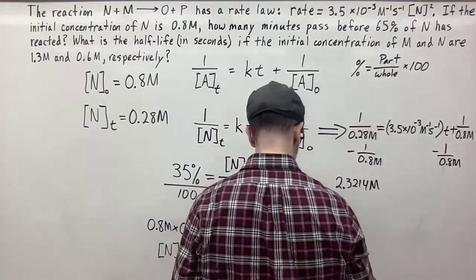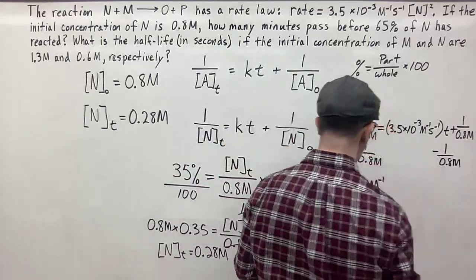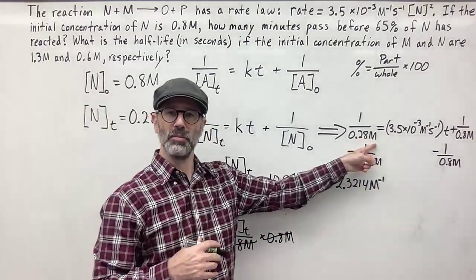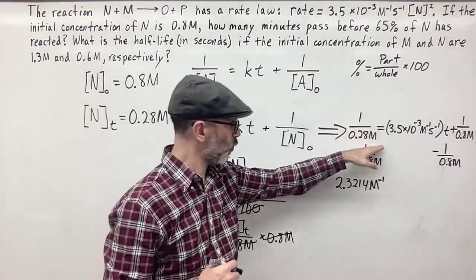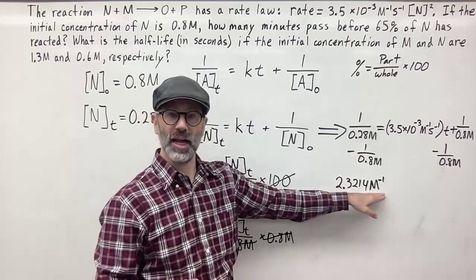Oh, not molar, sorry. Well, molar per molar. Notice that molarity is on the bottom. So it's 1 over molarity, which is the same as molarity to the negative 1.